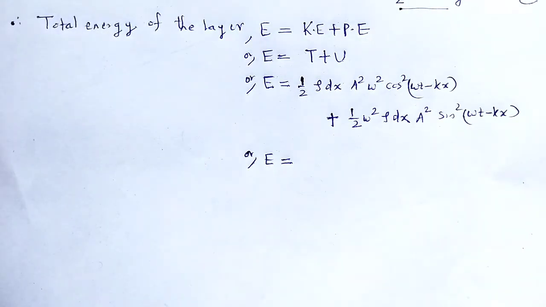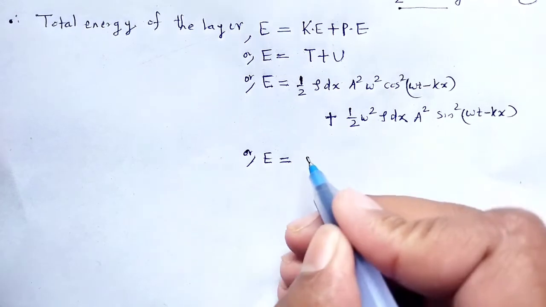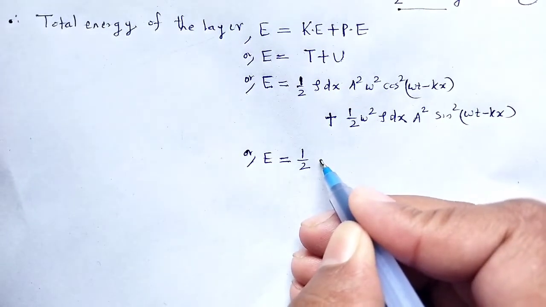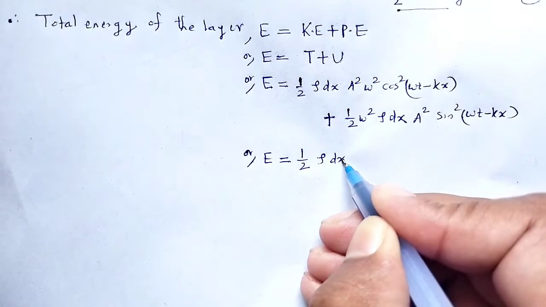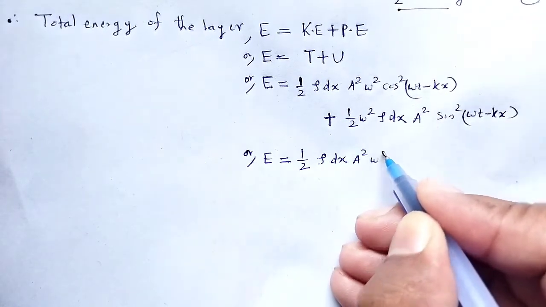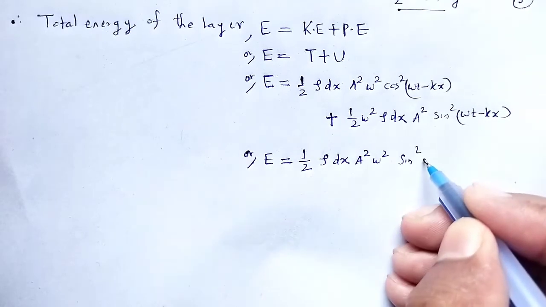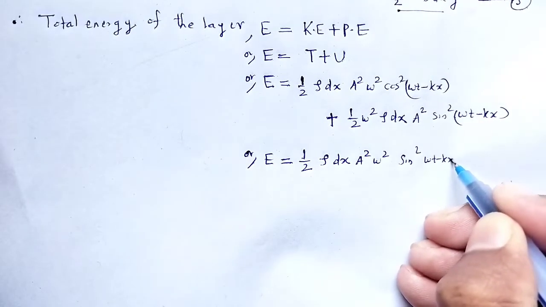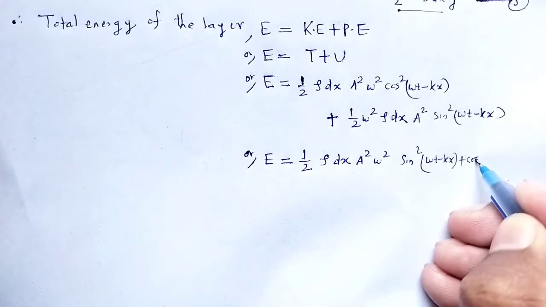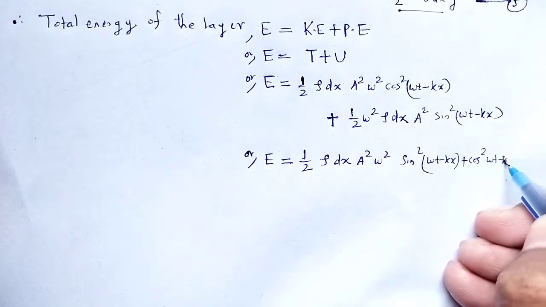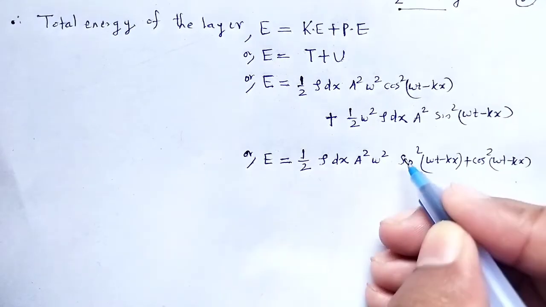Total energy E is equal to, here we take common half rho dx a square omega square, and inside the bracket sin square (omega t minus kx) plus cos square (omega t minus kx).